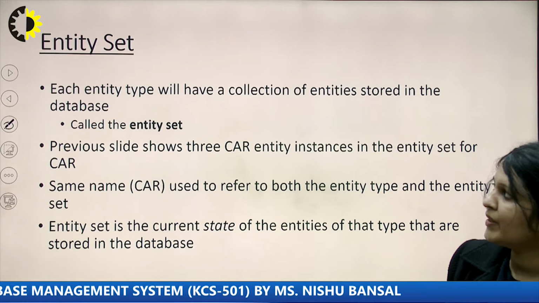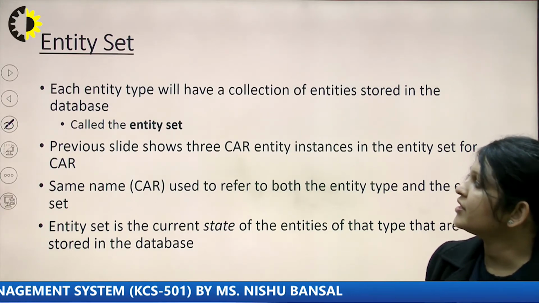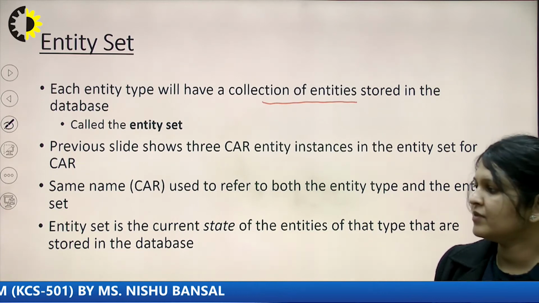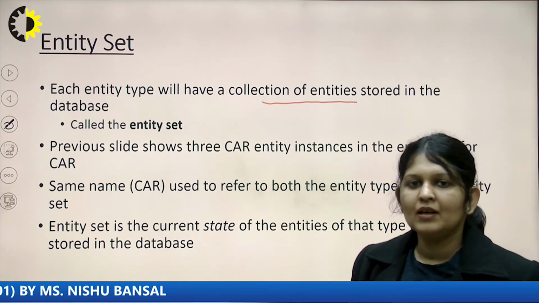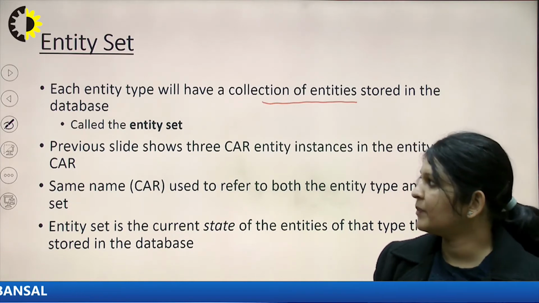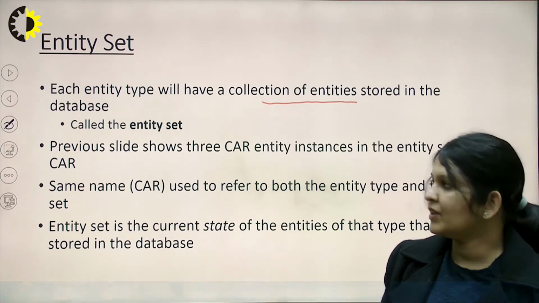So let's talk about the entity set also. Each entity type must have a collection of entities. Rarely do we have a single value or a single row for a particular entity. There may be various entries.